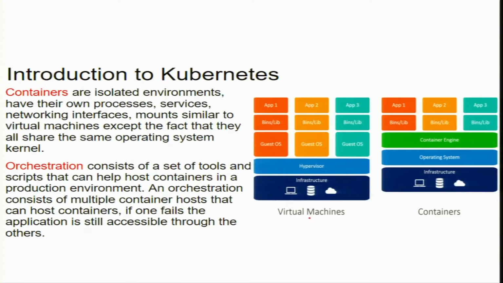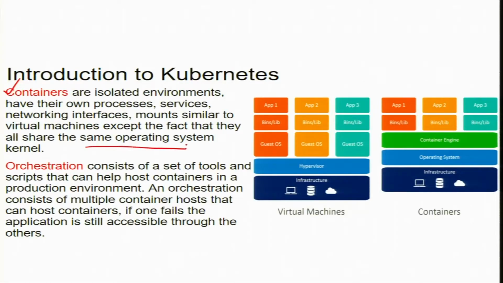So, introduction to Kubernetes: let us introduce two concepts to understand the background for Kubernetes. The container is an isolated environment with its own processes, services and networking interface for an application, similar to a virtual machine, except that containers all share the same operating system kernel.